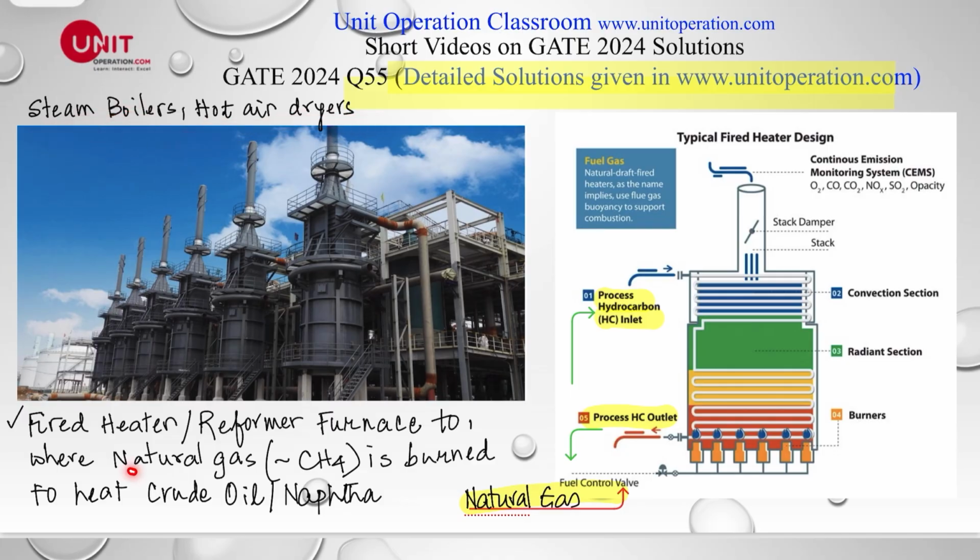They use natural gas, which is mainly methane, burned to heat crude oil, naphtha, air, etc. As a typical diagram, the natural gas plus air mixture enters here, and the flue gas comes out from here. That's a typical flue gas composition, and the process fluid, which might be a hydrocarbon, crude oil, or naphtha, enters here, and the heated oil comes out from here.